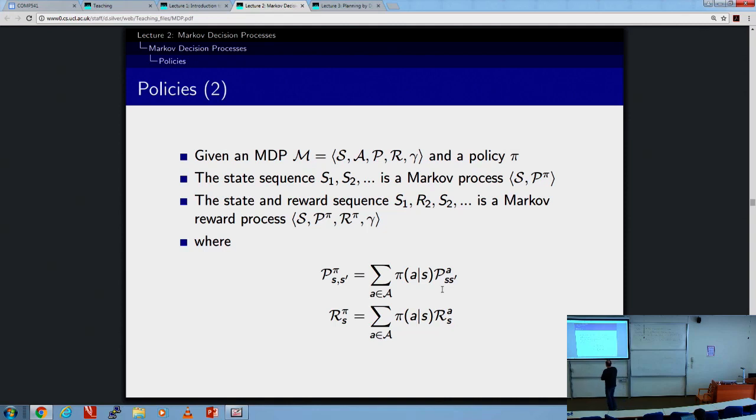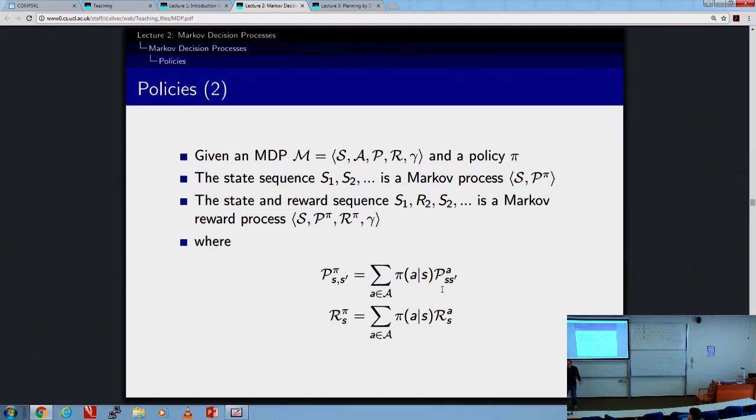Well, if I have an MDP with those 5 components, and I do know what policy the agent is following, then I can come up with 2 modified matrices, P and R, as a function of pi, the policy, that give me my expected transitions given this policy, and my expected rewards given this policy.